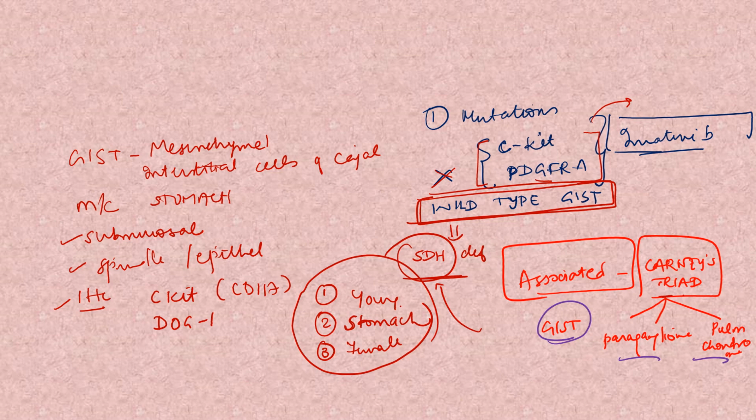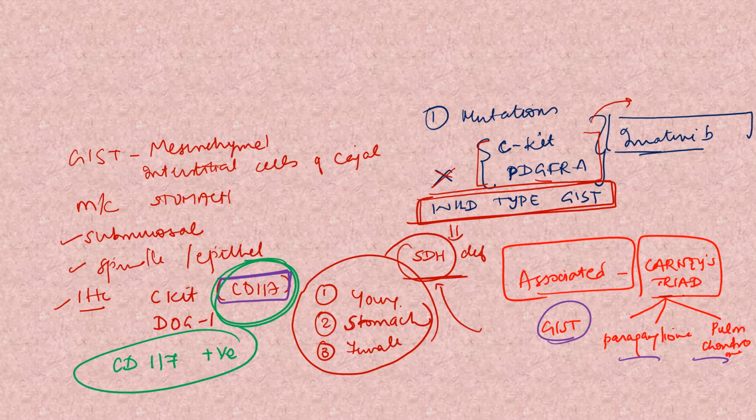So I'll just pose a question. Having discussed CD117 here, just post in the comments what other tumors can be CD117 positive. I'll give you a small clue. One dermatological condition can show cells which are CD117 positive, and one hematological condition can show cells which have c-KIT mutations.